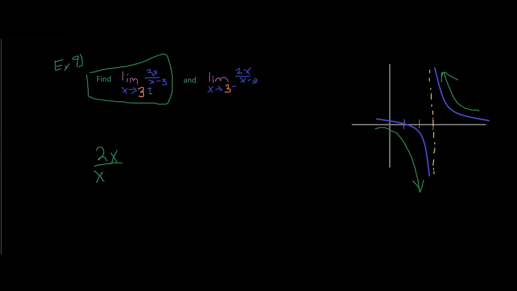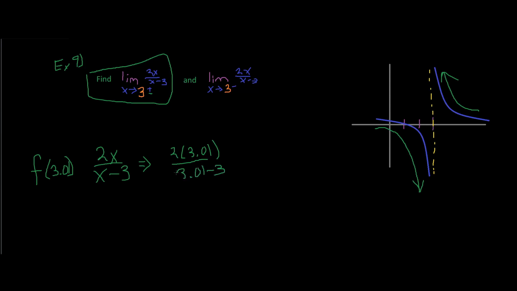So this is our function. Let's plug in 3.01. So then we end up with 2 times 3.01 divided by 3.01 minus 3.